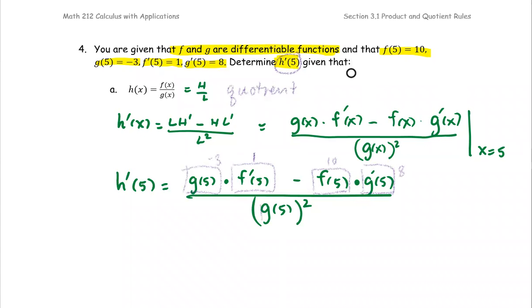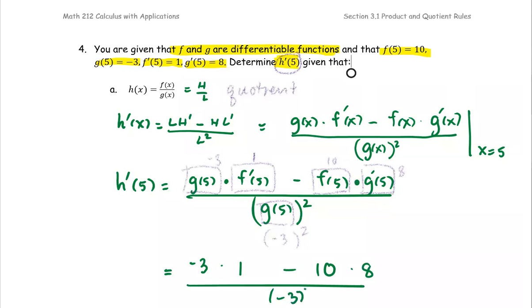How about G at 5 one more time? It's -3, but we have to square it. Now for the next step, we just clean up the values. So we're going to have -3 multiplied by 1 minus 10 multiplied by 8, all divided by -3 to the power 2.